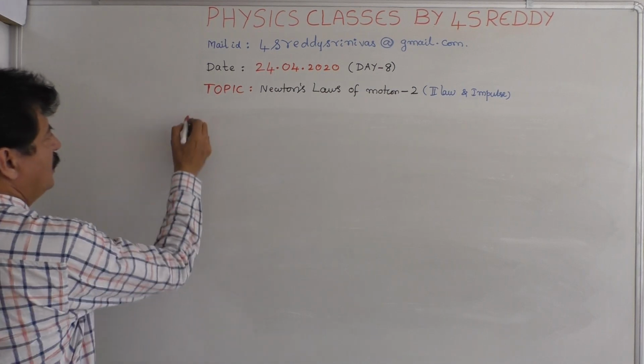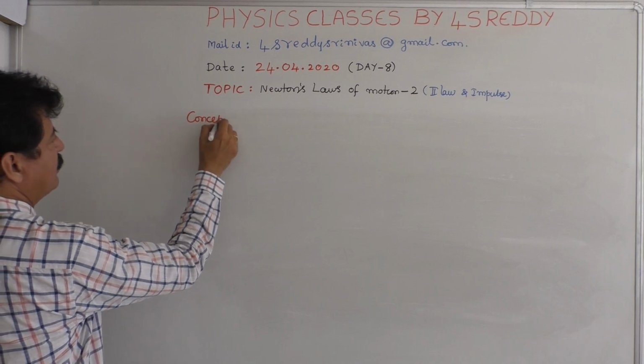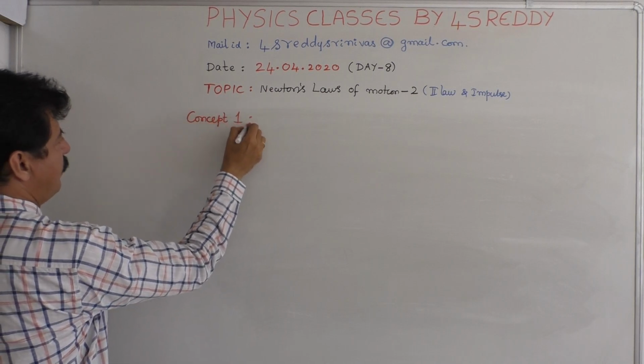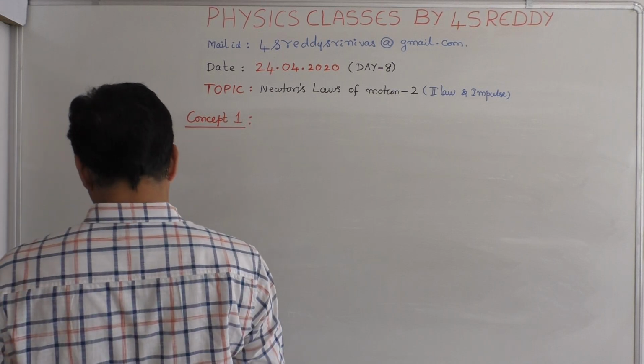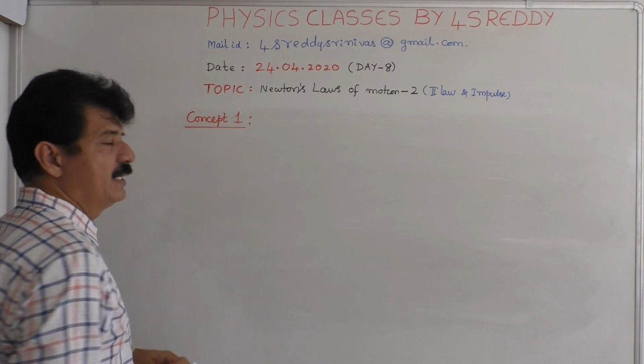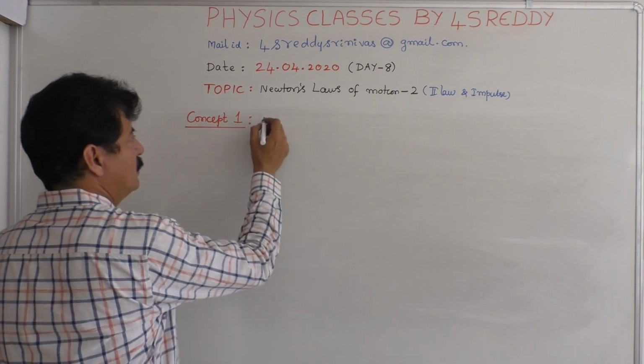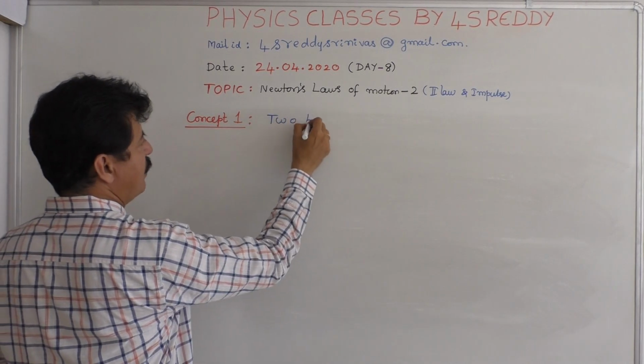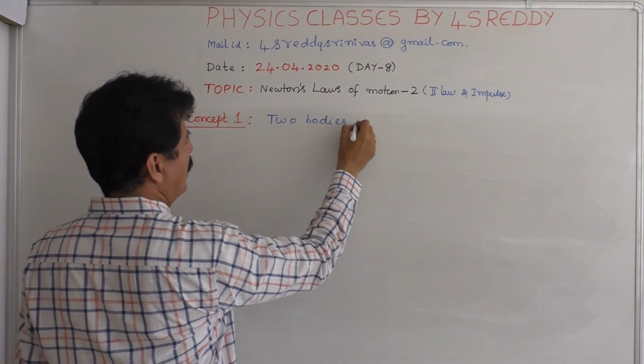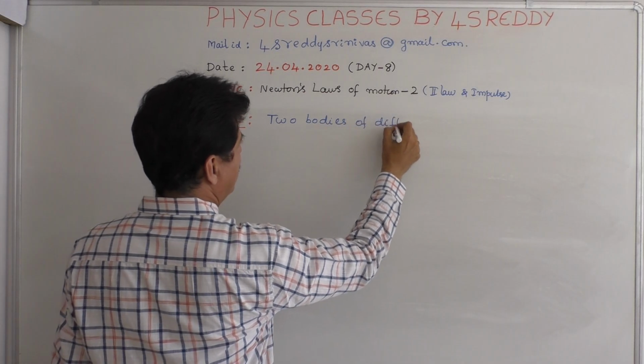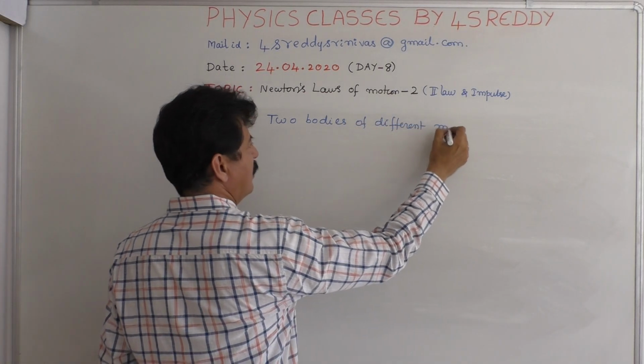Let us say you will be given concept 1. That means you may be given two bodies of different masses.